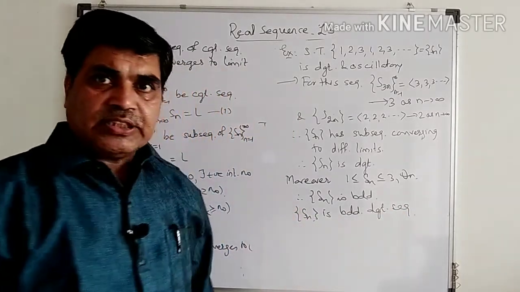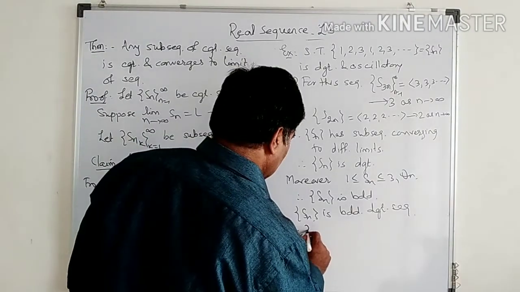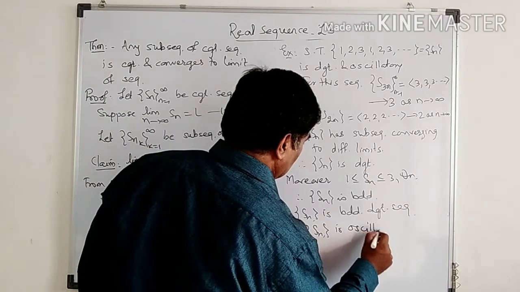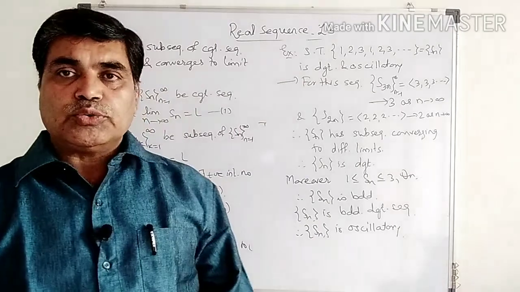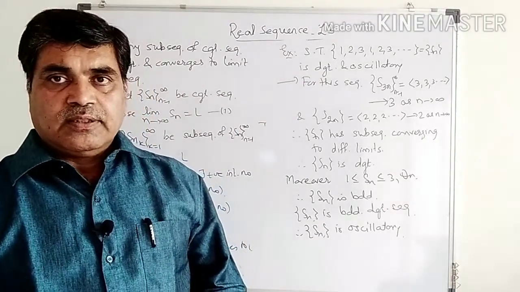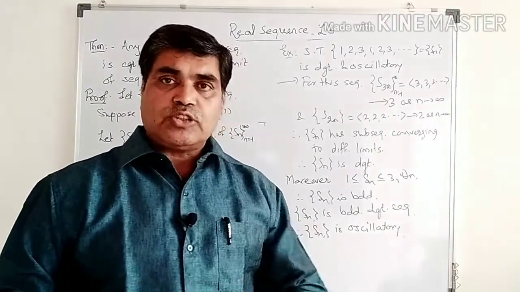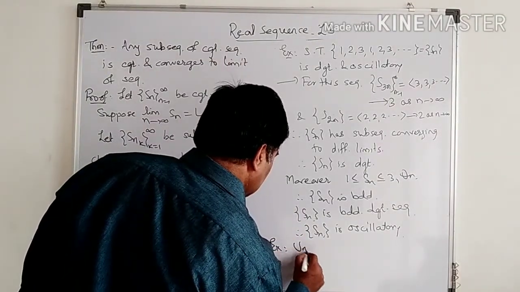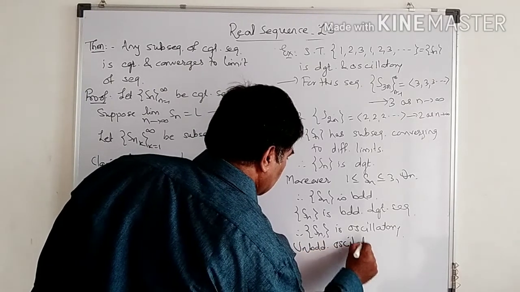Any bounded divergent sequence is always an oscillatory sequence. Therefore, Sn is oscillatory. It cannot go to plus infinity or minus infinity. There exists an unbounded sequence which is also oscillatory. So what is an example of an unbounded oscillatory sequence?